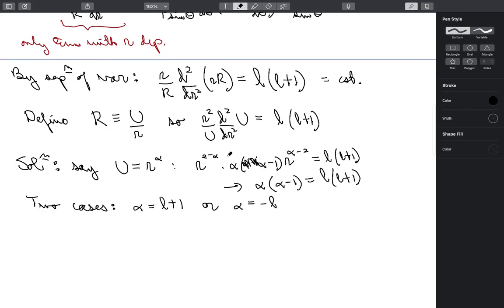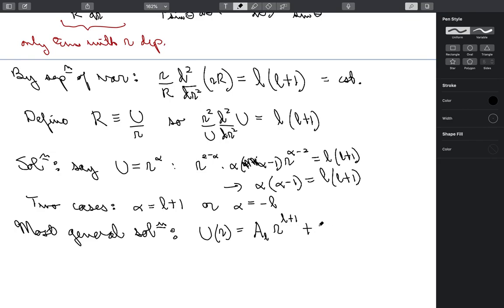Now, that means that the most general solution that I get for this radial part is just a possible combination of these two powers. So the most general solution is that this u of r is equal to some constant that we'll call A_L times r to the power L plus 1.